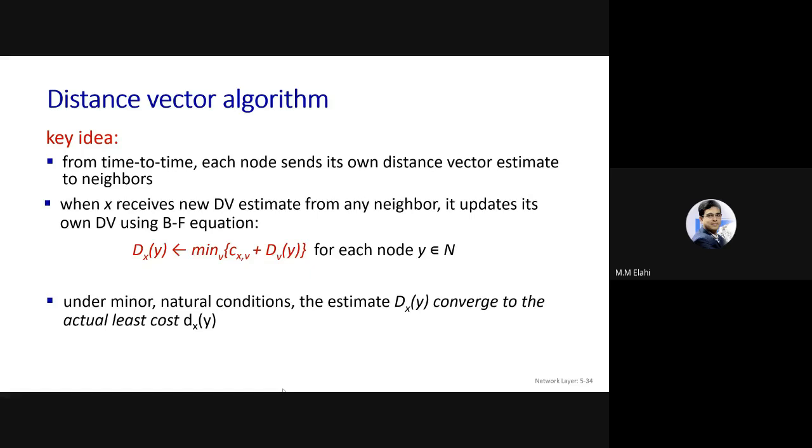So if there are 3 neighbors, we will get 3 v's. If there are 10 neighbors, we will get 10 v's. For each v, we will get a distance to the destination by using the direct cost c(x,v), and then adding the cost to the destination from the neighbor node. That d_v(y) will be informed by the neighbor to the node. So that is the logic in the equation.